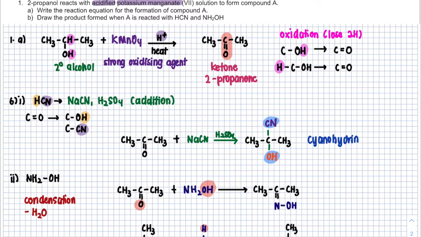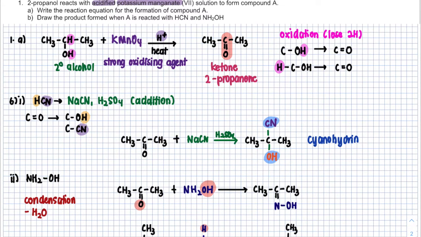So from our C double bond O, the double bond O will become a single bond OH, and the other bond will form CN. For example, here we have our carbonyl, and the CN will be added to this part.